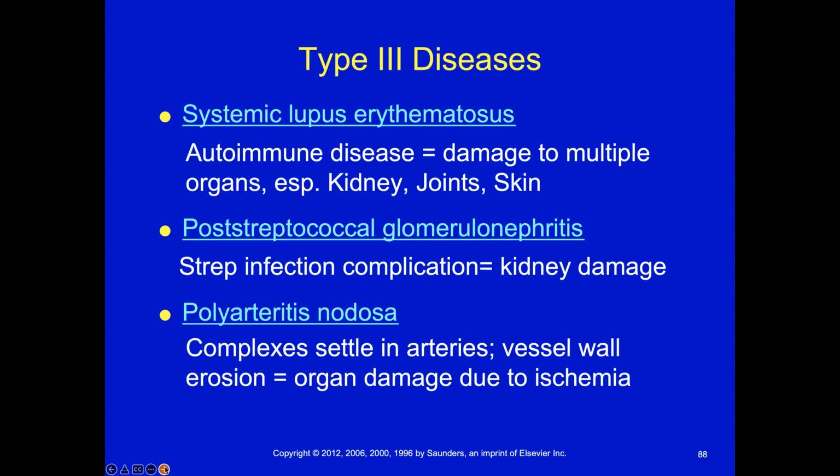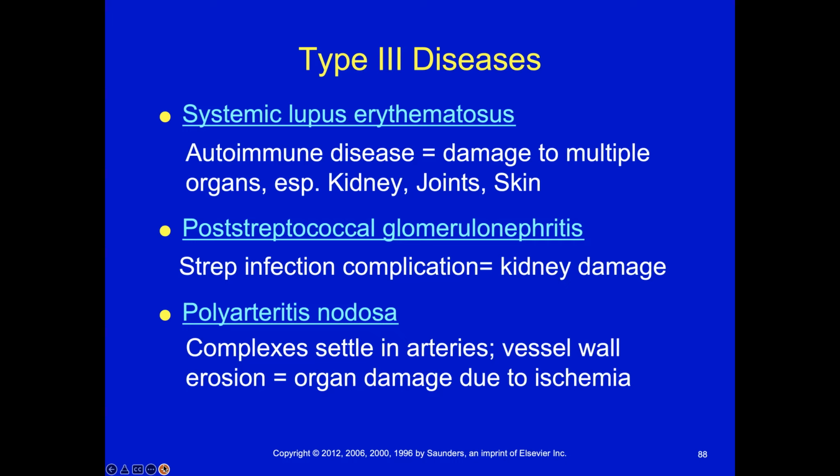So type 3 diseases. Lupus is one, systemic lupus erythematosus, a very severe autoimmune disease with damage to multiple organs, especially the kidneys, joints, and skin. Another disease is called post-streptococcal glomerulonephritis.